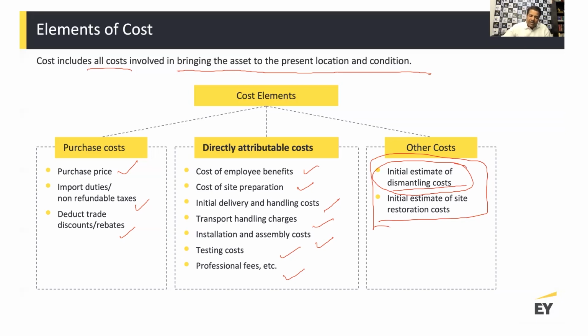That is where the restoration cost is what I need to incur. Similarly, if I have to dismantle the whole thing as part of that agreement, I need to make an assessment of the cost which I may end up incurring as part of dismantling, and that also I am required to capitalize as part of property, plant, and equipment.